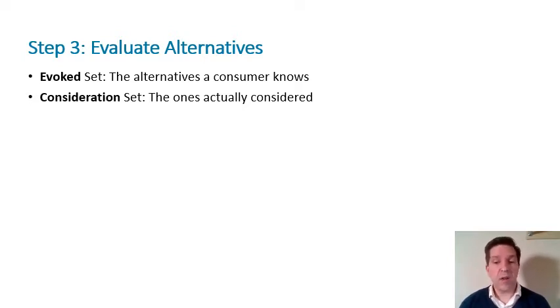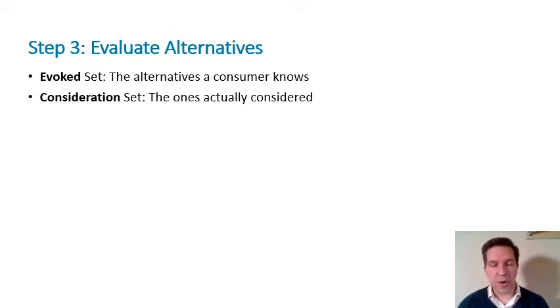The technical way in which we describe this group of brands that we actually know is the evoked set. So the evoked set is the alternative products or options that the consumer actually is aware of. That's the absolute minimum.